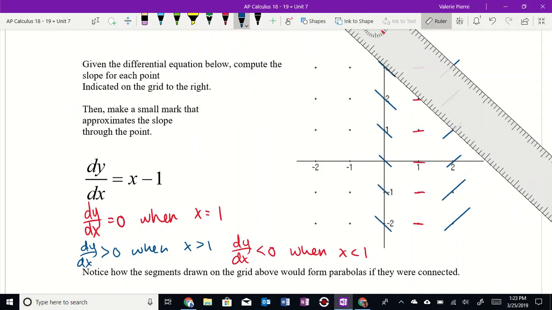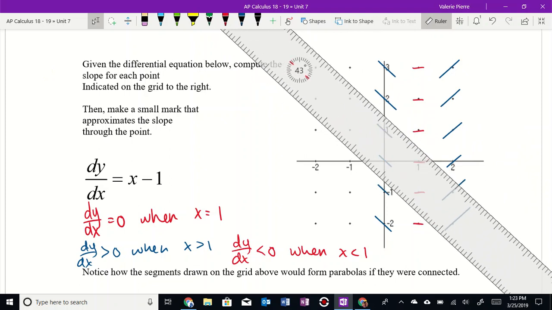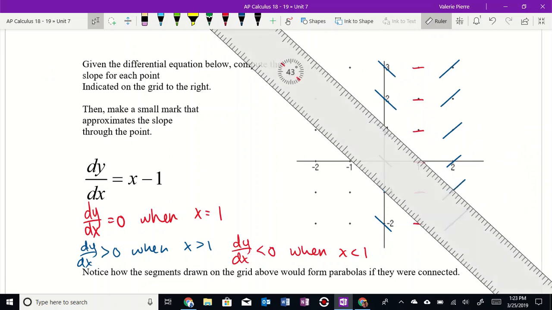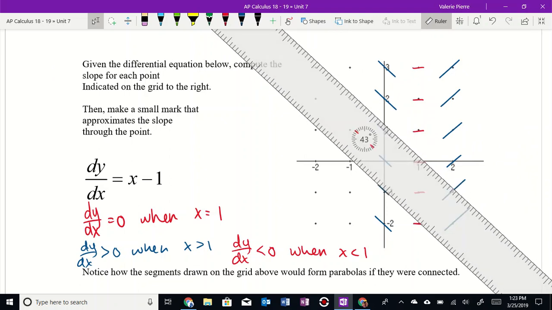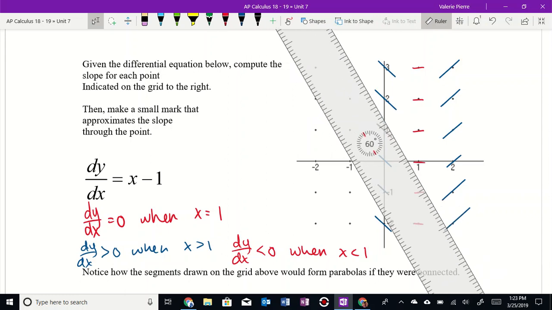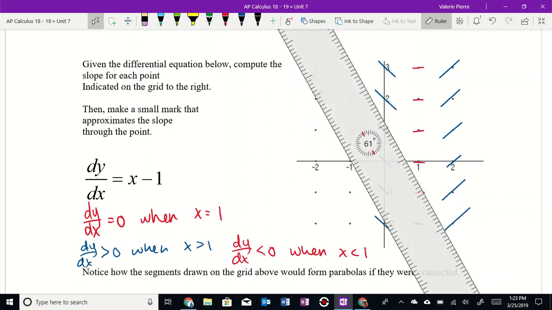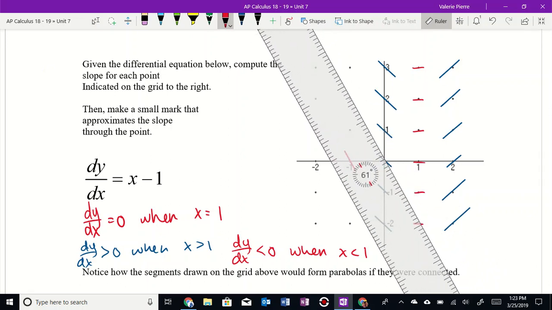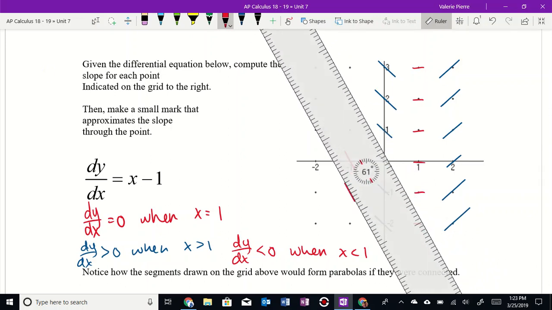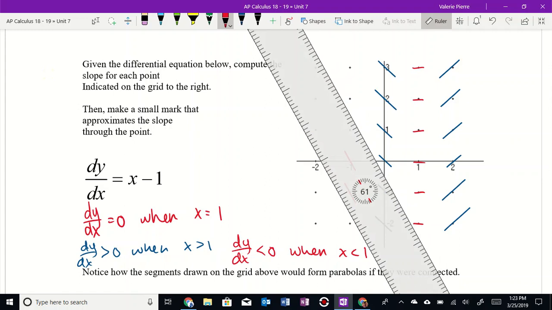All right, at negative 1, if I plug in negative 1, I get negative 1 minus 1, which is negative 2. So here, we don't have to be as precise, right? I just know that the slope is steeper than negative 1. Given the fact that I have a ruler, I can be more precise than you, but as long as your tick mark is slightly more steep than what you had before, you'll be fine.